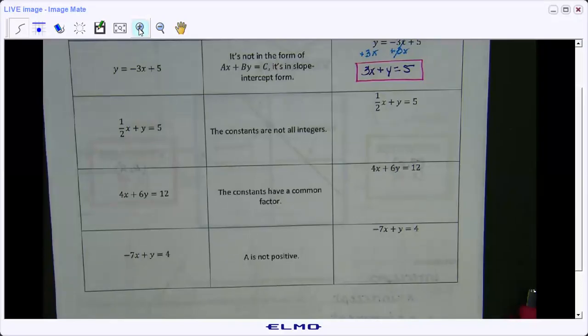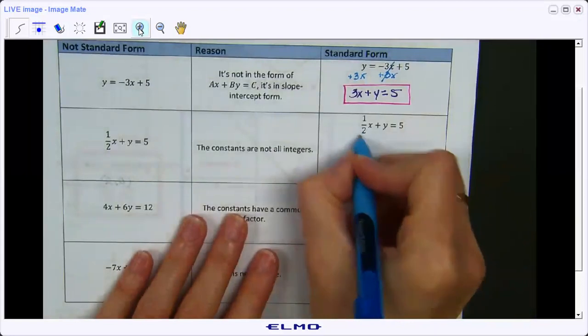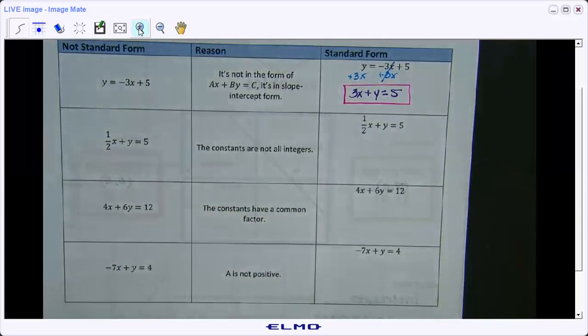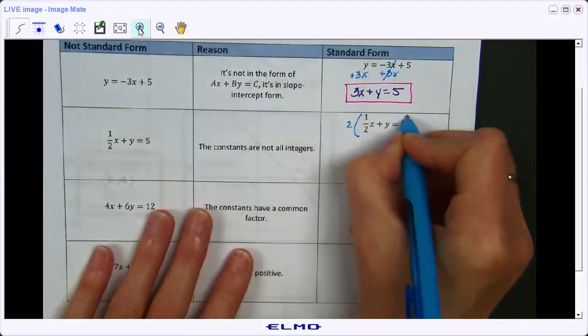Yes. What's the denominator? Yes, exactly. You multiply every term on the inside by your 2, your denominator. Now, if there were more than one fraction, you would multiply it by your common denominator. So in this case, we're going to multiply everything by 2.